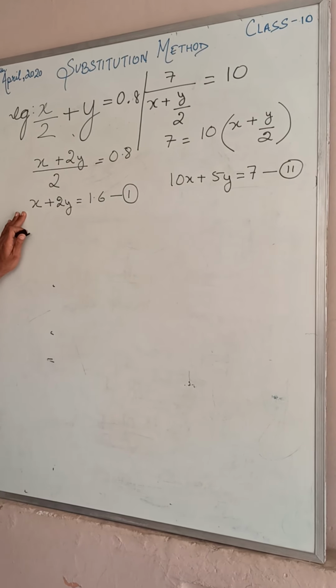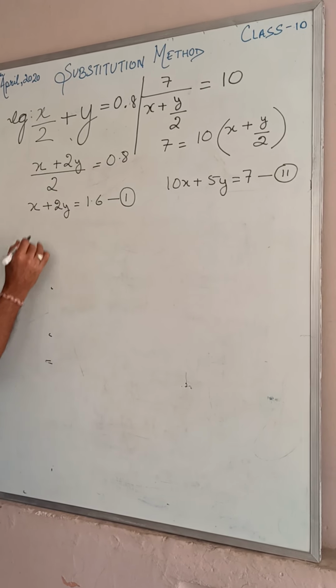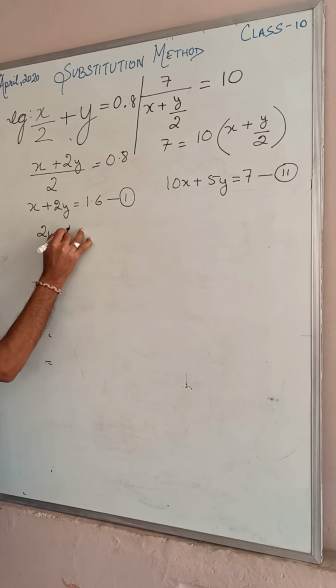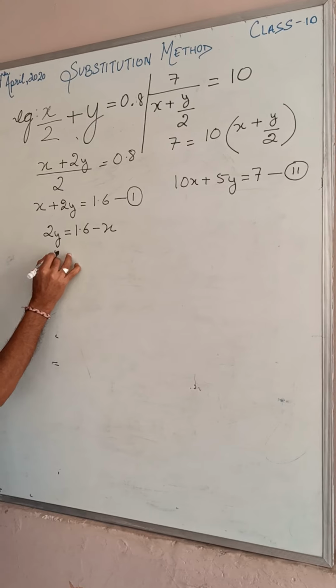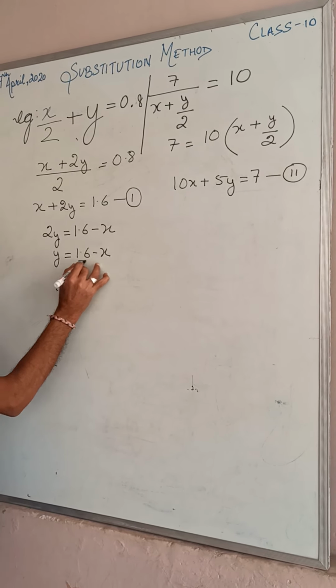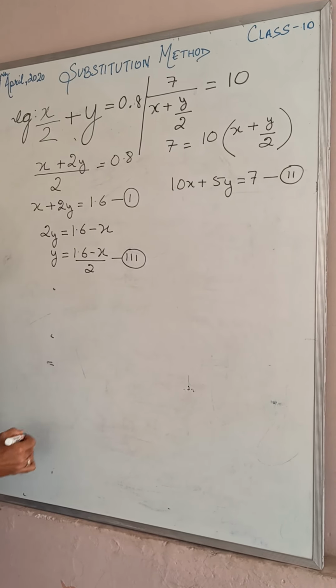Now, I pick up the first equation, and since we are doing substitution of y, I hold 2y on the left hand side and I transfer x to the right hand side. So, y becomes 1.6 minus x upon 2, which I mark as equation 3.